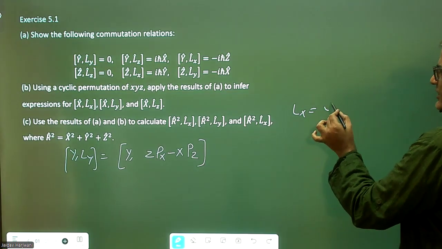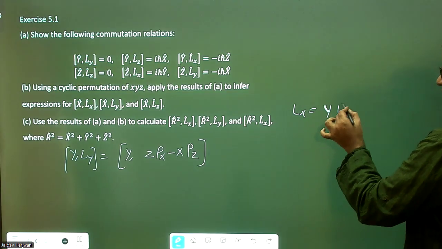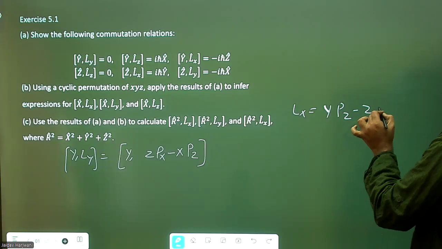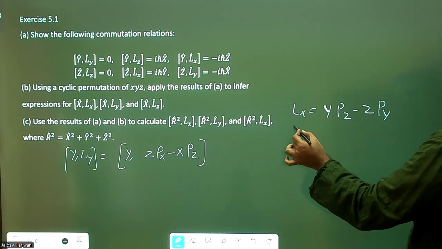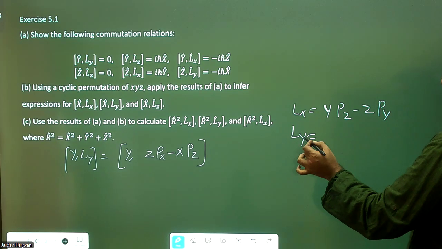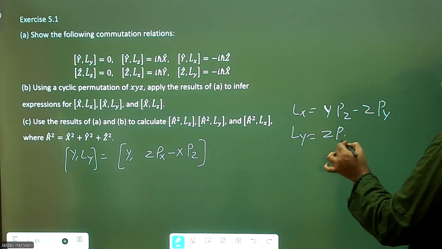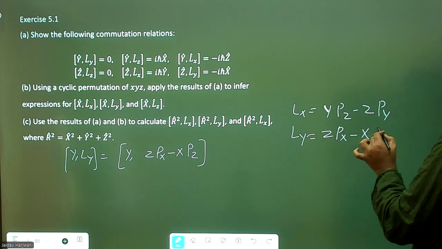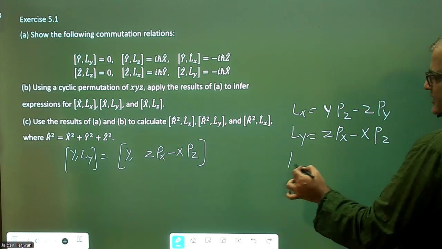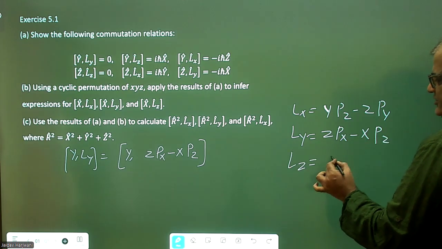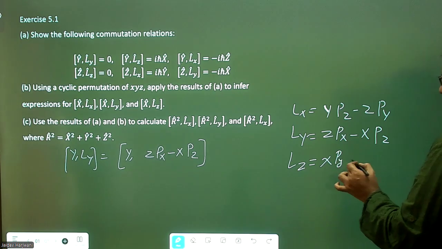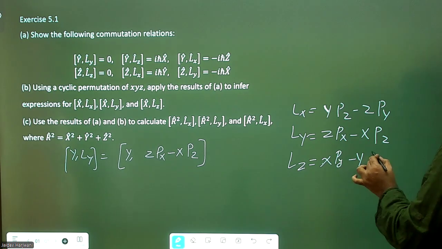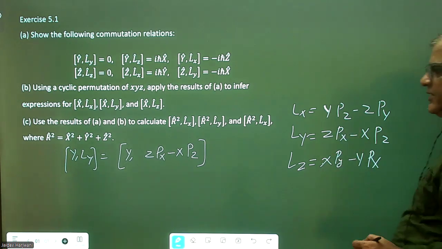After x, y will come; after y, z will come, and then z, py. Similarly, you have y, after y z will come, after z x will come, and then again pz. And similarly, you have z, so x will come, then py, and then y, and then px. These are symmetric relations.